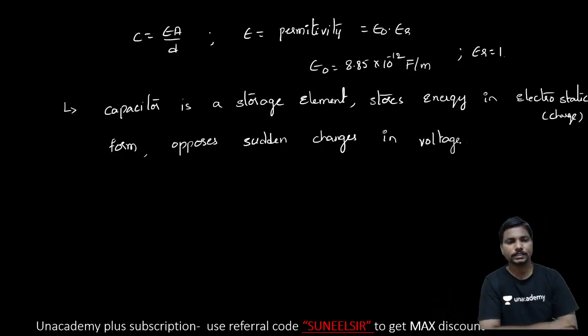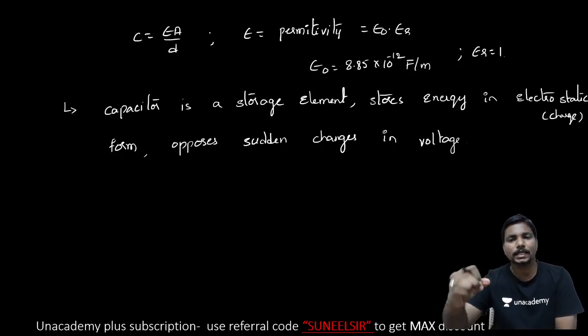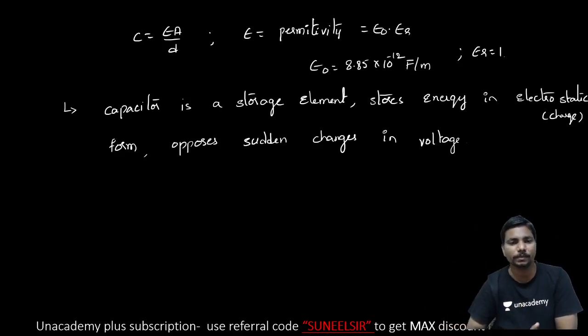As we have discussed in the case of an inductor, the inductor opposes sudden changes in current, but the capacitor is a voltage phenomenon, the inductor is a current phenomenon. Once again friends, the inductor is a current phenomenon, the capacitor is a voltage phenomenon. It opposes the sudden changes in voltage.